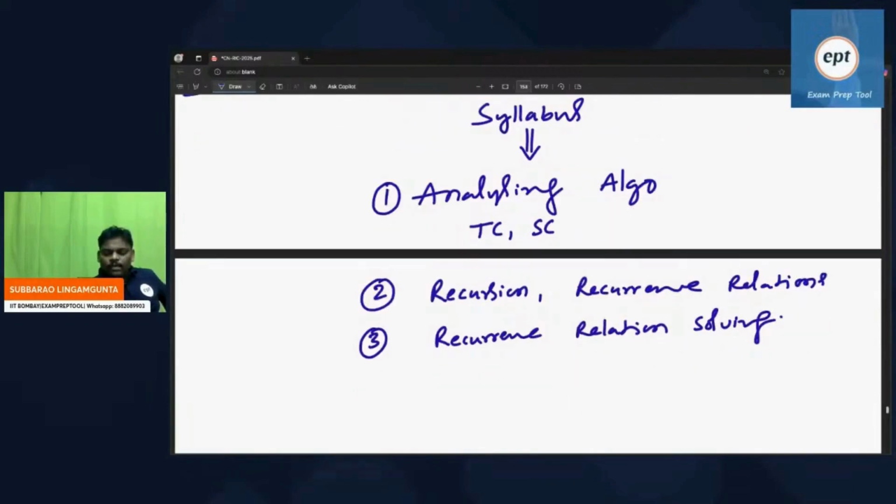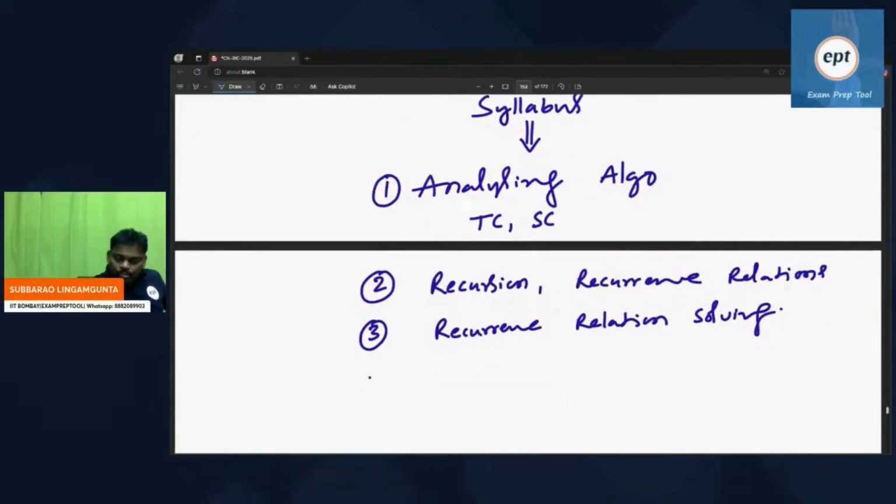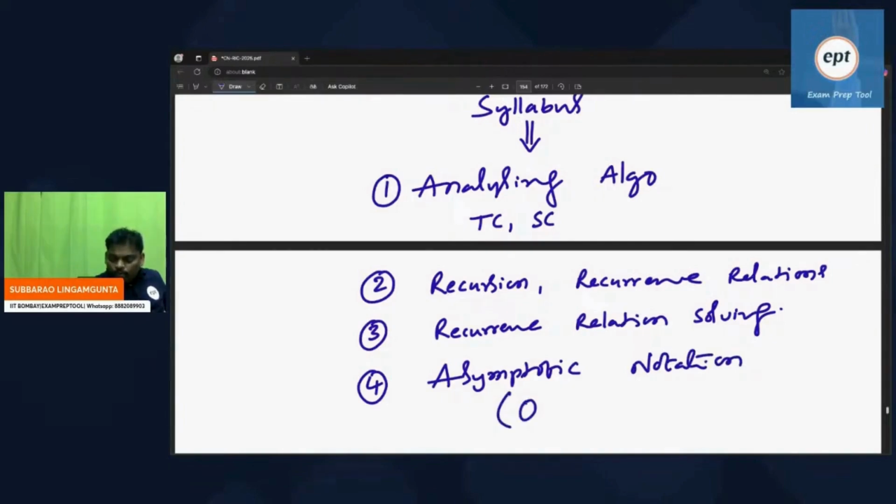That will be the next chapter. Fourth chapter, asymptotic notation, where we will discuss big O, omega, and theta.